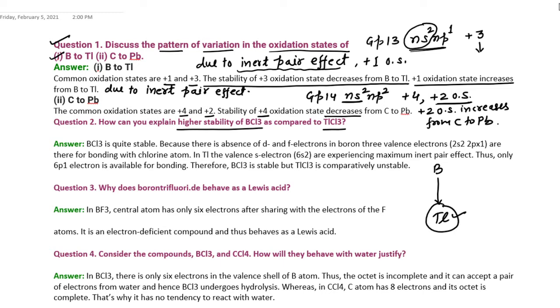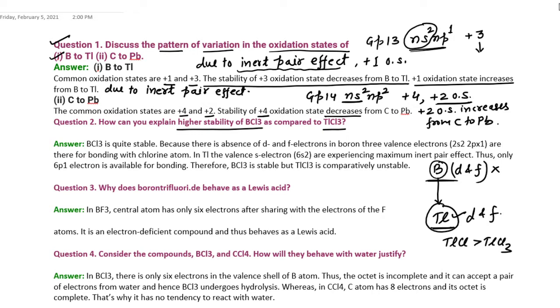Why is it so? Because in thallium there is presence of d as well as f electrons, and in boron no d and f electron is there. So no inert pair effect in boron, but maximum inert pair effect in thallium. That's why thallium is more stable in +1 state. So TlCl is more stable than TlCl3.